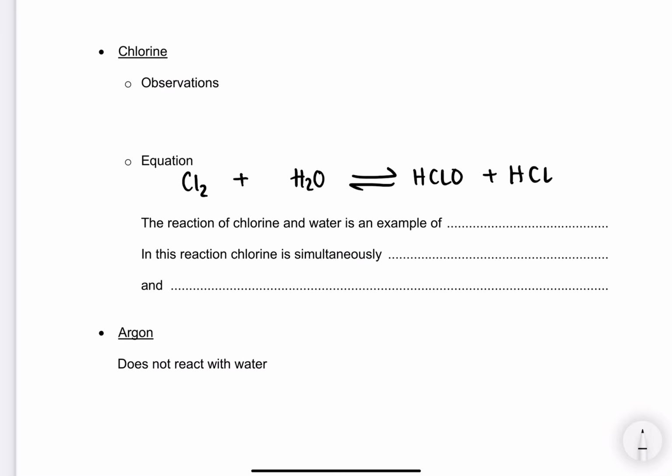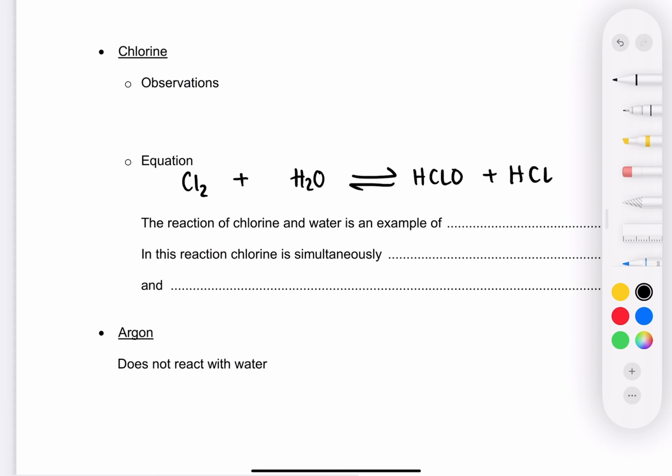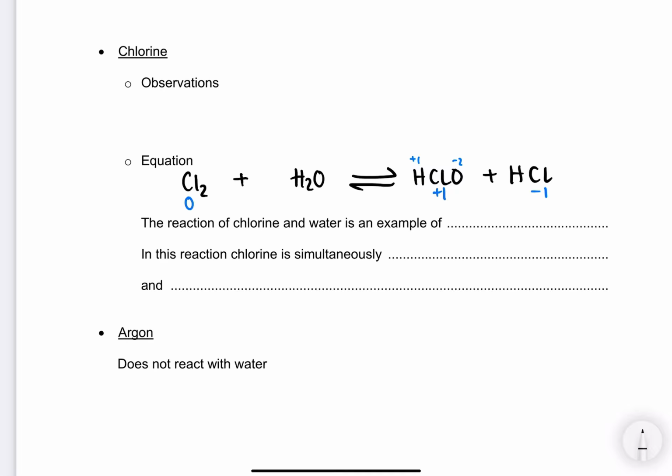And if we look at this equation, we can put some oxidation states on and say, well, the chlorine was 0 at the start, but in this product it's -1 because hydrogen is +1, and in this one, because hydrogen is +1 and oxygen is -2, the chlorine must be +1. And so we've got this disproportionation occurring where the same element is both oxidized and reduced.